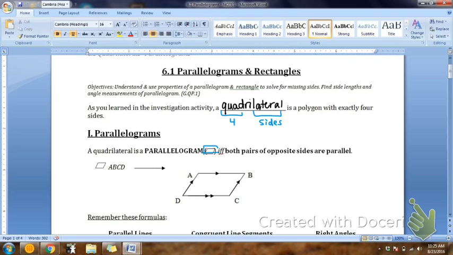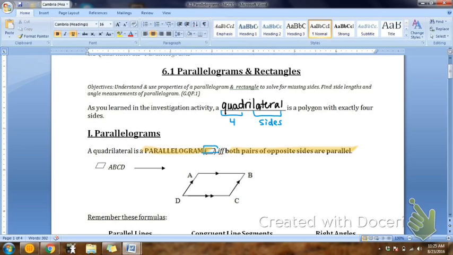Okay. If both pairs of opposite sides are parallel. All right, so this is your definition of a parallelogram. Parallelogram says both pairs of opposite sides are parallel. Well, that sounds commonplace, right? That sounds like it should be that.